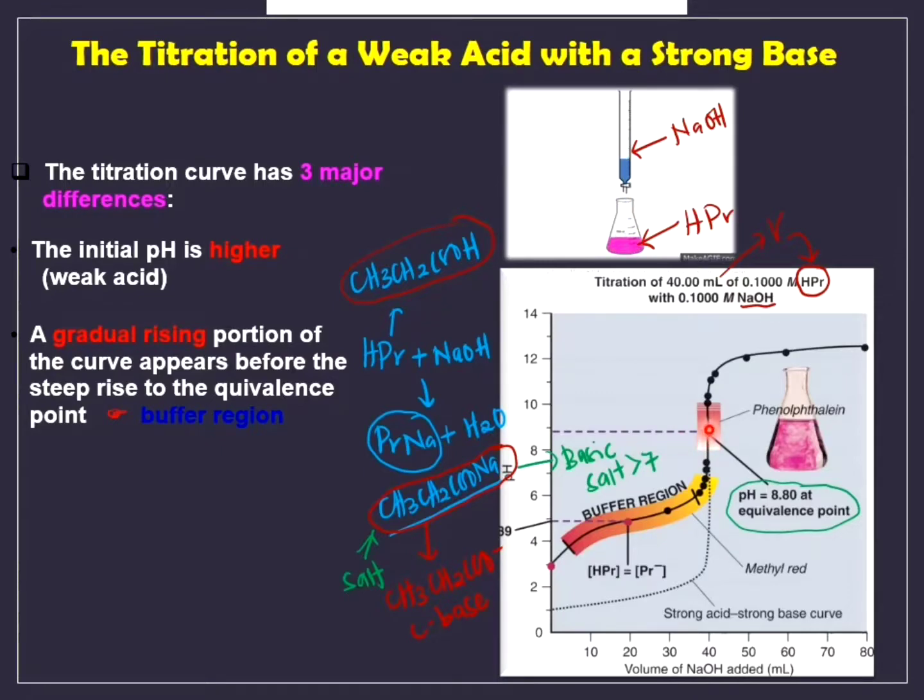But if you still continue adding base, the pH akan meningkat lagi lah. Nampak pH akan meningkat sebab lepas equivalent point akan ada sodium hydroxide sahaja. Okay, saya ulang. Selepas equivalent point akan ada sodium hydroxide dengan salt sahaja.